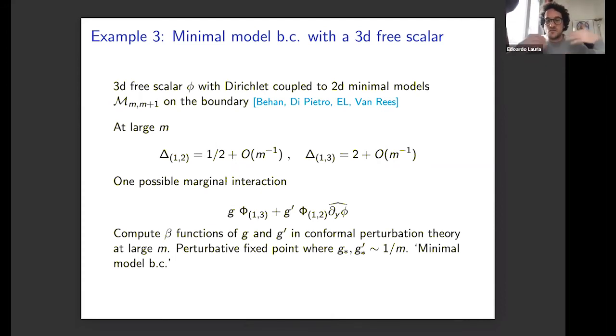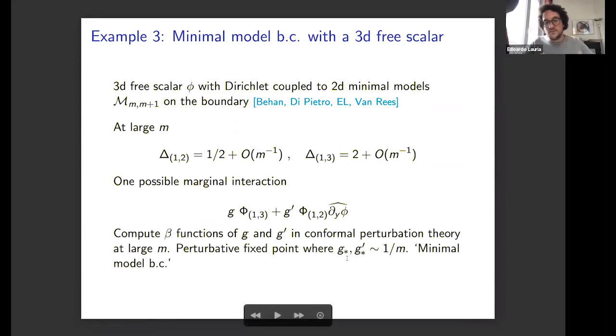Okay, so now this is a candidate marginal deformation, but what happens in the far infrared? Well, one has to study the system of beta functions for g and g prime, and look for possible fixed points where the bulk and the boundary are coupled. This can be done at large M. What we find is that we get some perturbative fixed points where g and g prime are exactly of order 1/M.